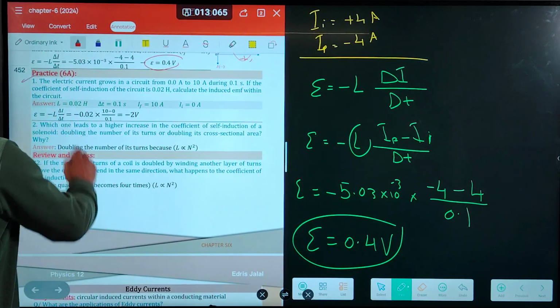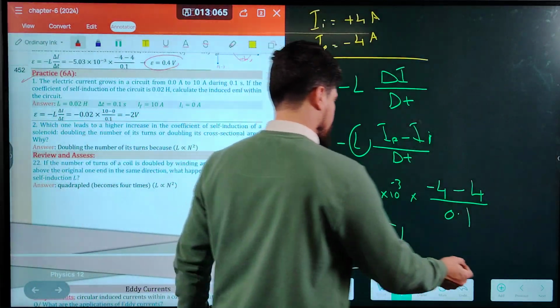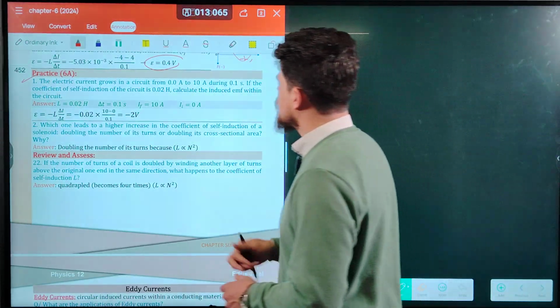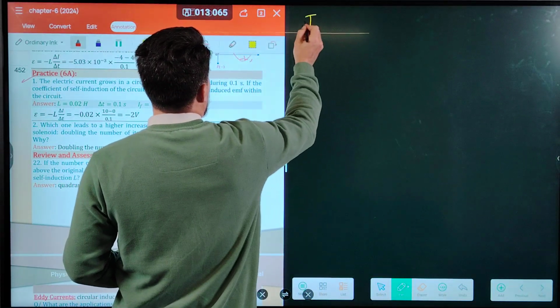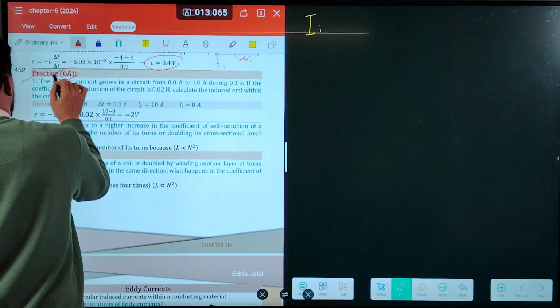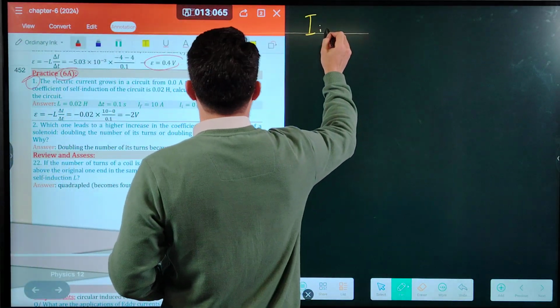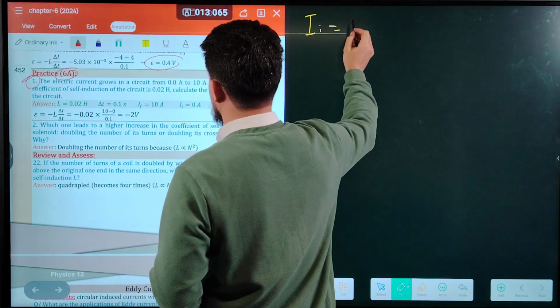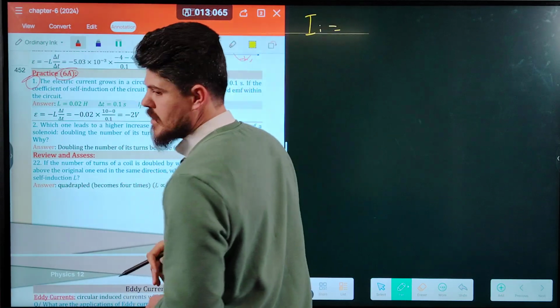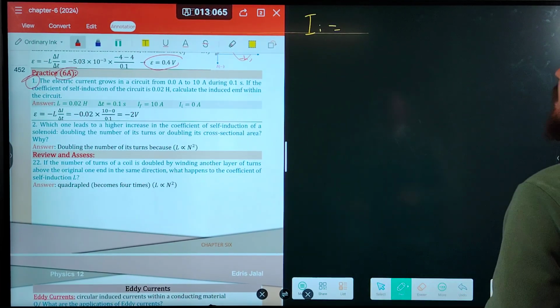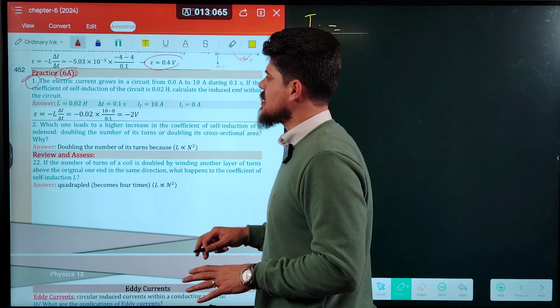Practice 6A, question 1. Okay, guys, look at question 1 in practice 6A, the last practice in this section.